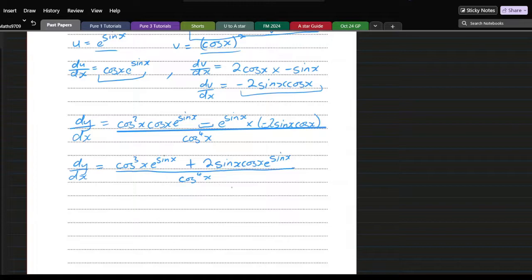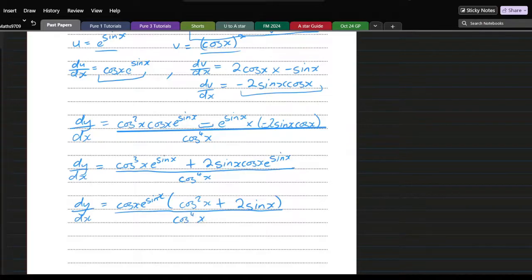And in our numerator we can factor out cos x e to the sine x since it's common in both terms. So cos x e to the sine x, and our first term becomes cos squared x, and then our second term becomes plus 2 sine x, and this is over cos to the 4x.